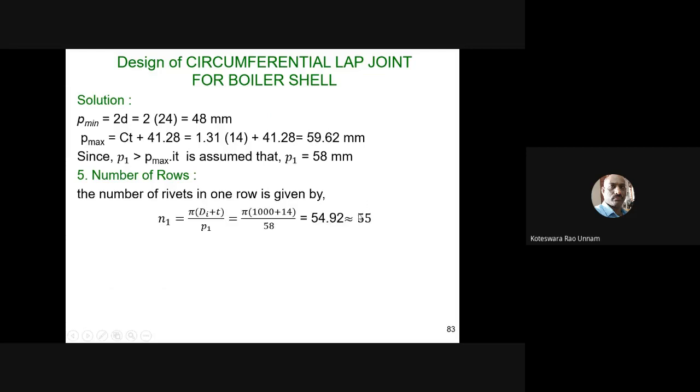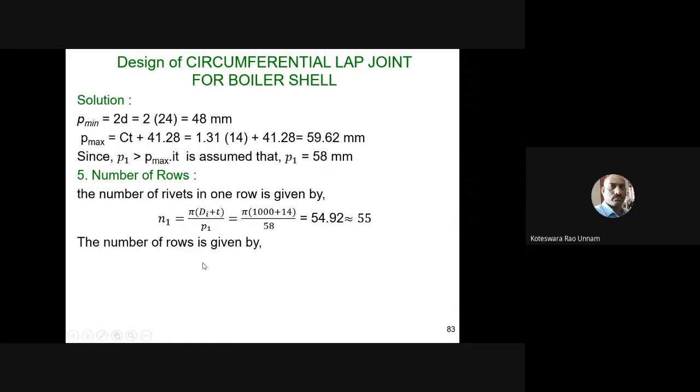It is not possible, because based on the equation equating the shearing strength of the rivets to the applied load, I got only 46, but for this P1 value I am getting 55 rivets. Therefore this cannot be satisfied, so I need to readjust this P1 value. Or else, if I fix this P1 value, I will recalculate the number of rivets required.